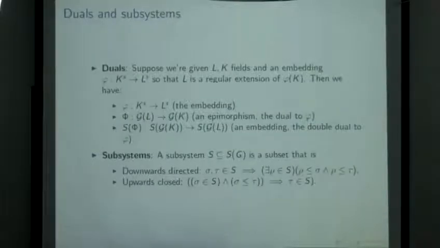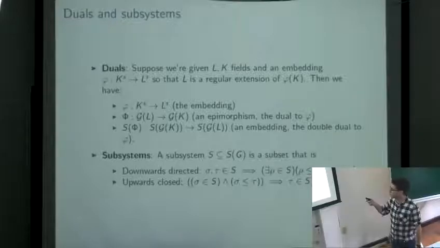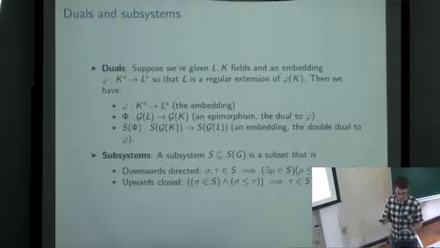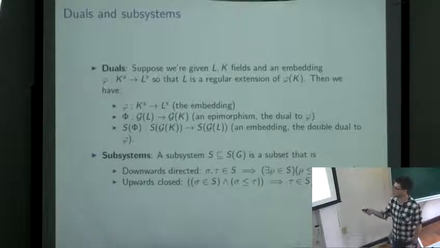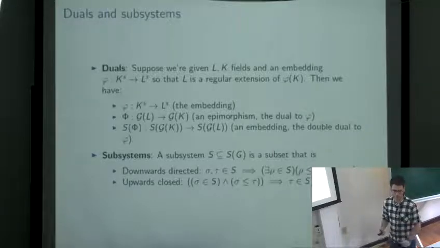And I want to mention two notions that are important in talking about this structure: duals and subsystems. Suppose we're given fields L and K, and an embedding of the separable closure of K into the separable closure of L, so that L is a regular extension of the image phi of K. This is confusing, but imagine for a moment that this is just an elementary embedding of K into L, and then you extend that to a map on the separable closures.